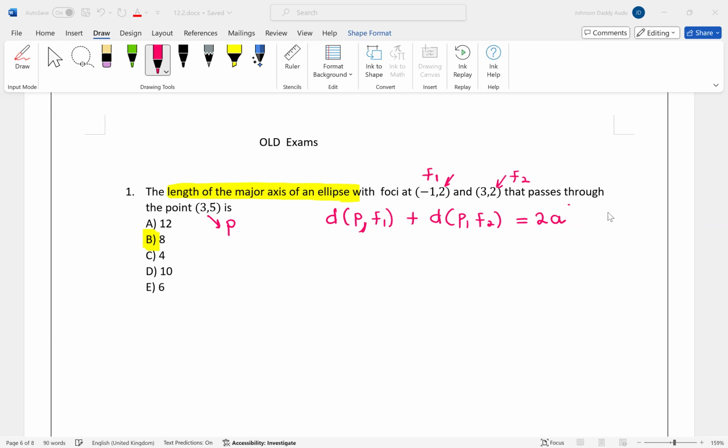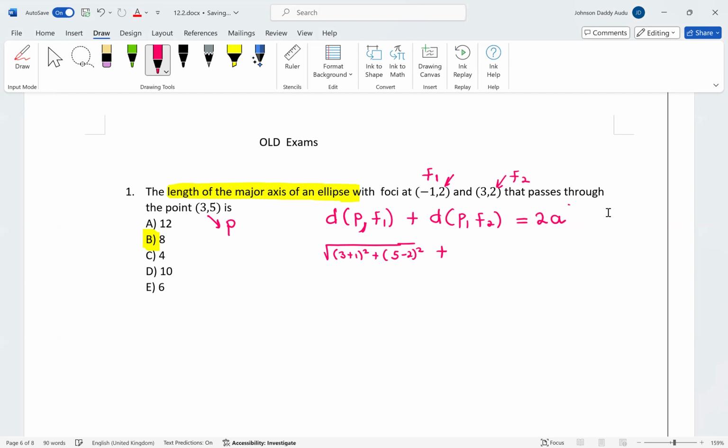All right. Now we just need to apply the formula. How do we find the distance? This is going to be the square root of (3 plus 1) squared plus (5 minus 2) squared, plus the same distance: the square root of (3 minus 3) squared plus (5 minus 2) squared.